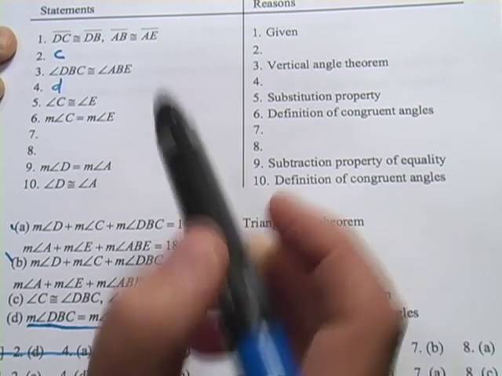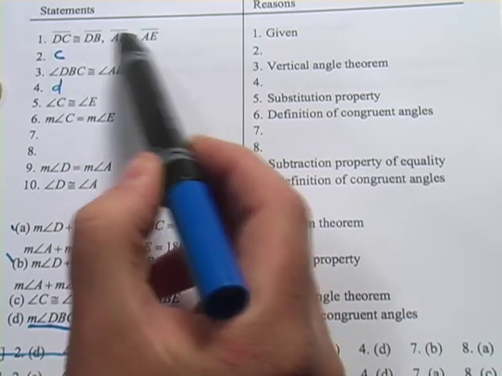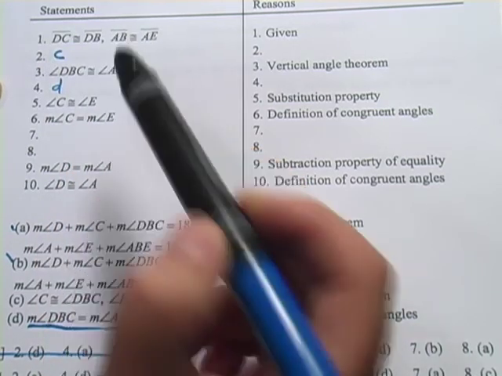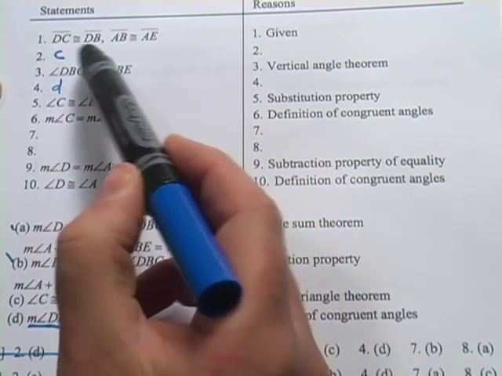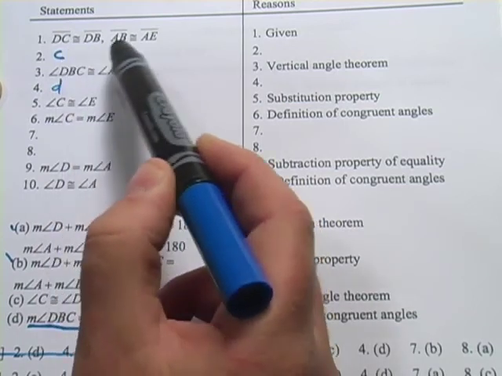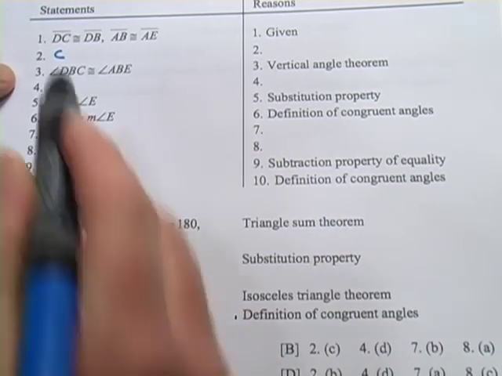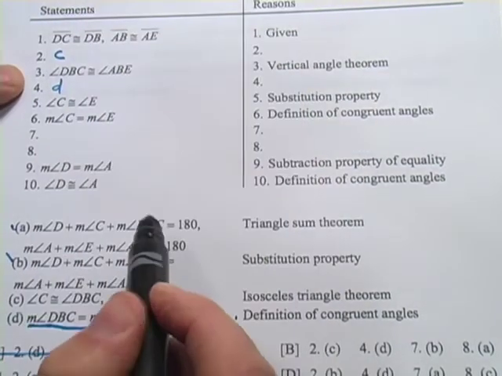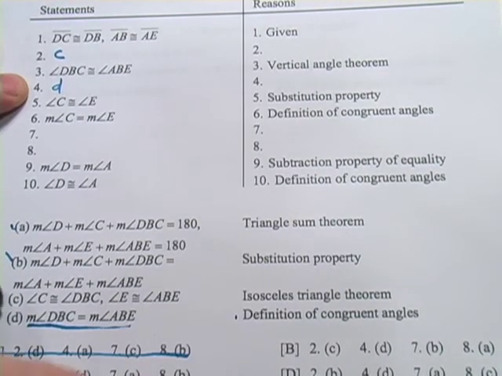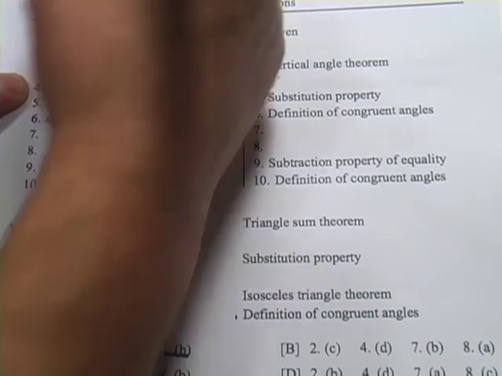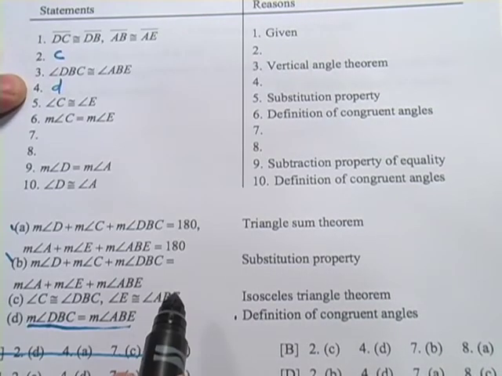So just to review so far, we've said there are two congruent sides in each of these triangles. Therefore, there are two congruent base angles. And then we're saying these two are vertical angles, so they're the same. And then we're saying their measures, the measures of these two are the same.